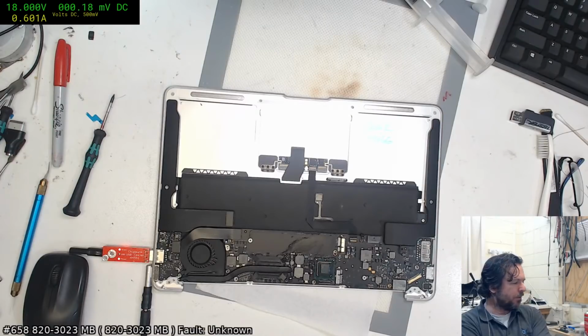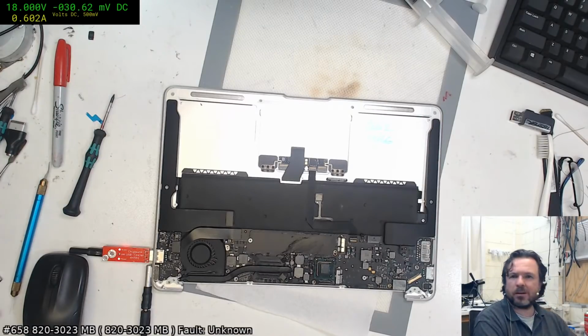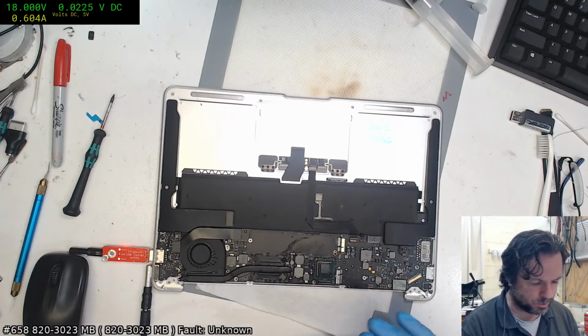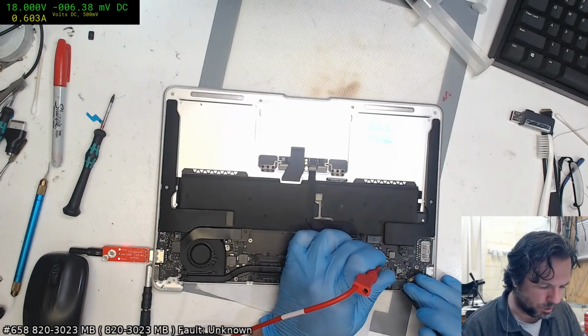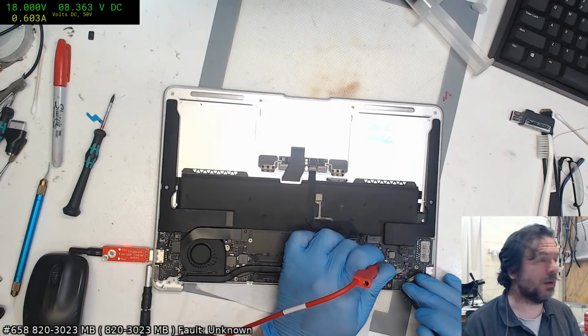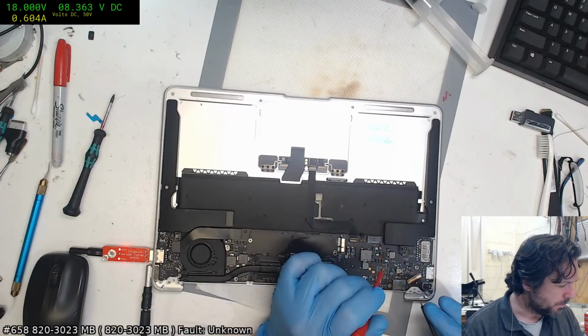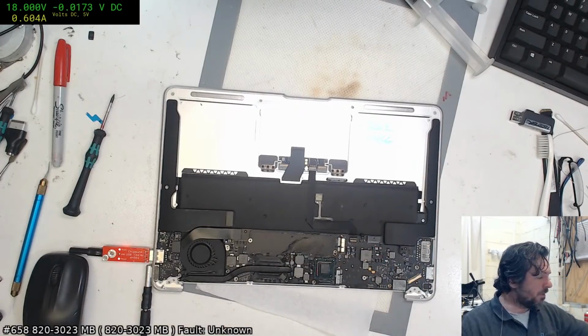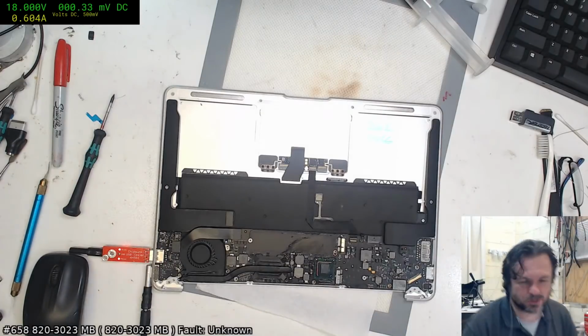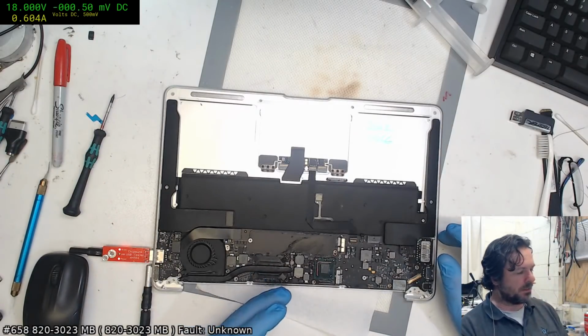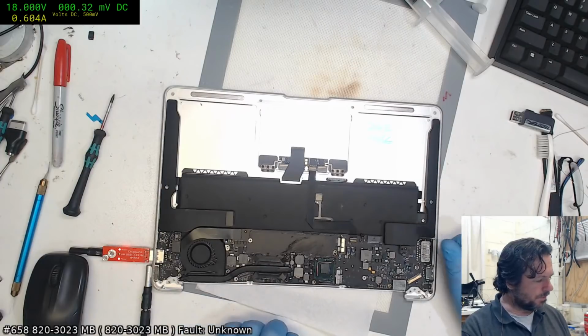So we don't have our proper PP bus. We're down in what looks like what would otherwise normally be 8.36. That's like no SMC running. But I don't know if it is actually a no SMC situation because we are in S0 state. We're not running the fan. That is just a weird thing.